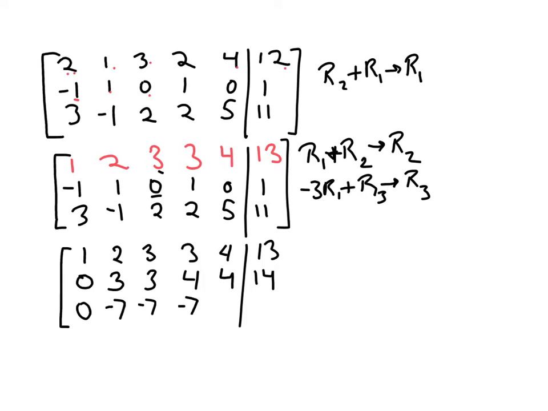Interesting. -3 times this is -12 plus 5, -7 again. And -3 times this is -39, -39 plus 11, so -28.